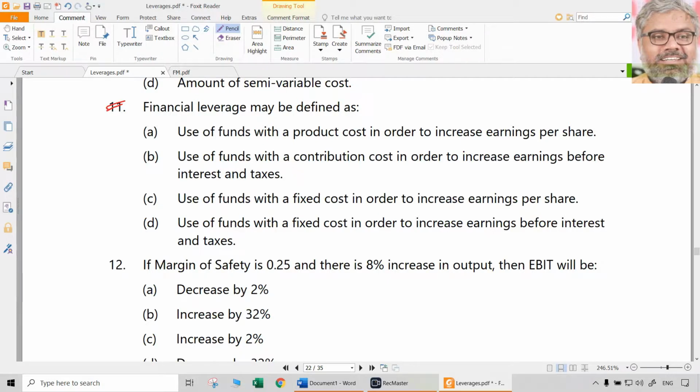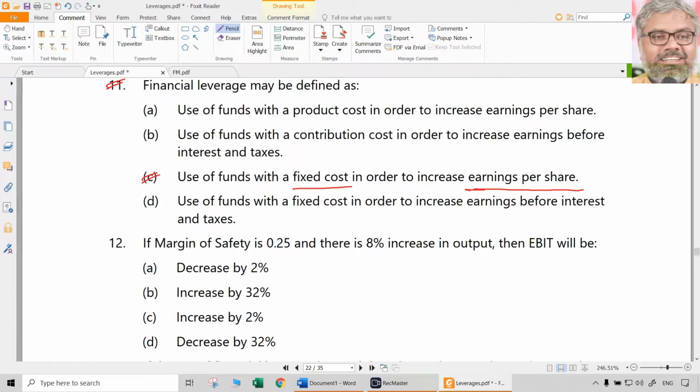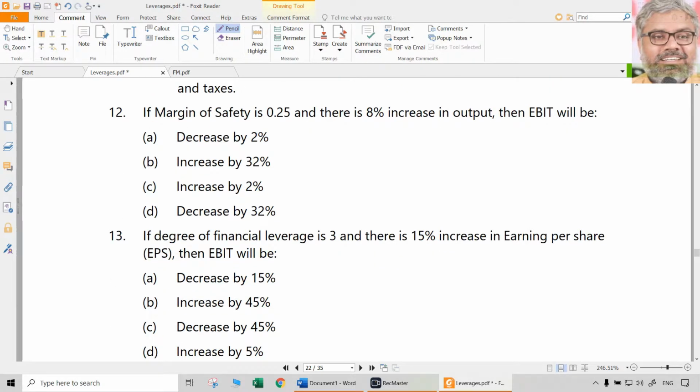Use of funds with a fixed cost in order to increase EPS. Financial leverage ultimate objective is EPS. So use of funds with fixed cost means what? Use of debt with an objective of increasing EPS, in other words, increasing return on equity. So C will be correct answer for question number 11.